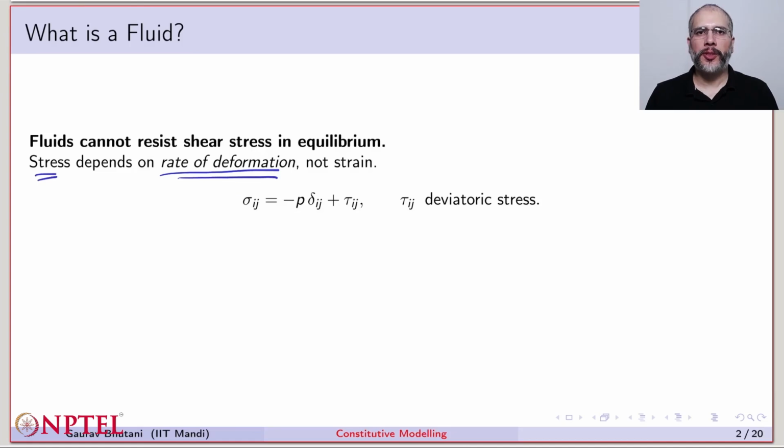But before we present to you the actual constitutive model for a fluid, let us look at the stress for a fluid. So the stress tensor sigma has a spherical part and a deviatoric part. So tau is the deviatoric part, which basically is called the shear stress.